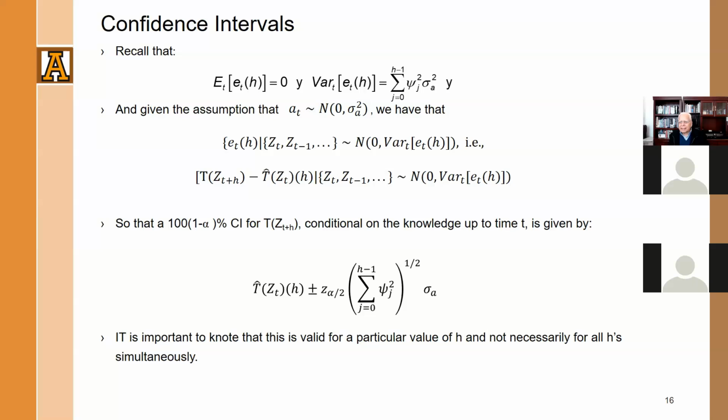That is, what I get are confidence intervals and not confidence bands. That's a big difference. What this is saying is, let's suppose this is my series, and then I'm going to put my forecasts.